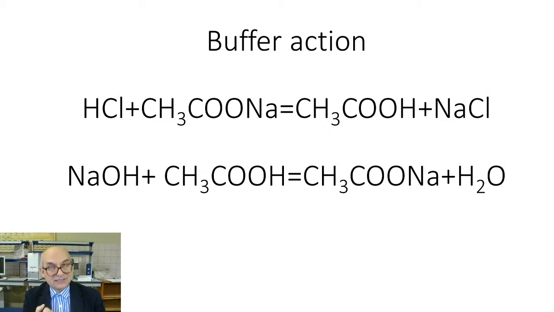But what is the source of this acetate anion? The single source is the presence of the sodium acetate salt. So this is a quantitative chemical reaction. It means that 1 mole of hydrochloric acid can be neutralized by 1 mole of sodium acetate, and it results in 1 mole of acetic acid and sodium chloride.